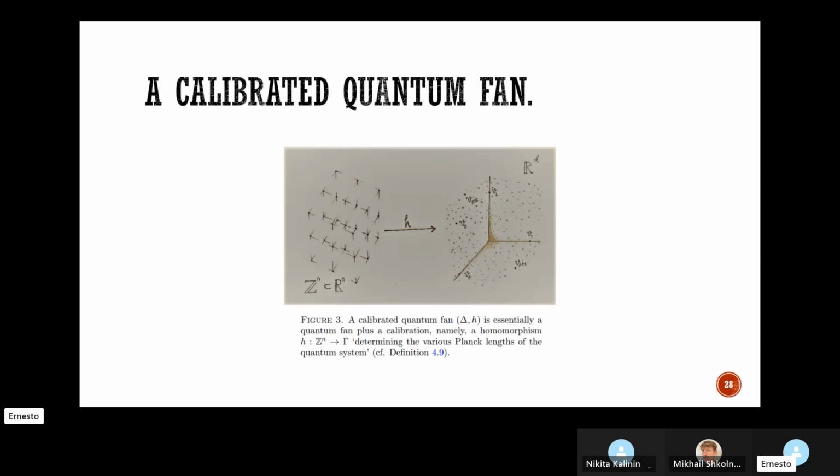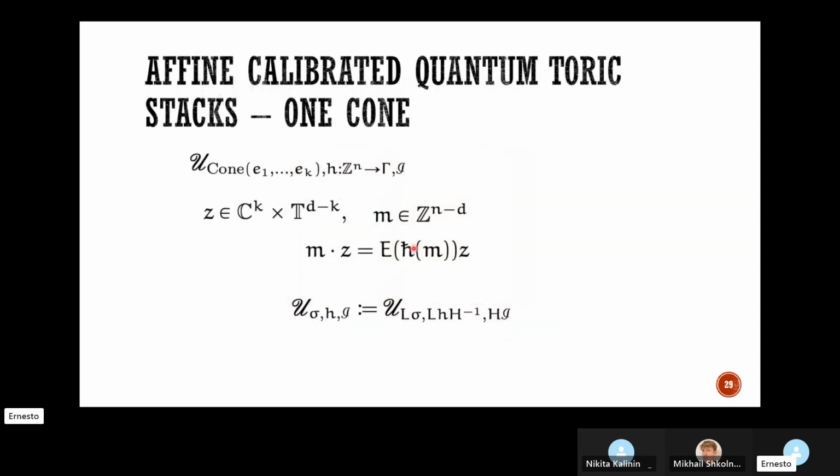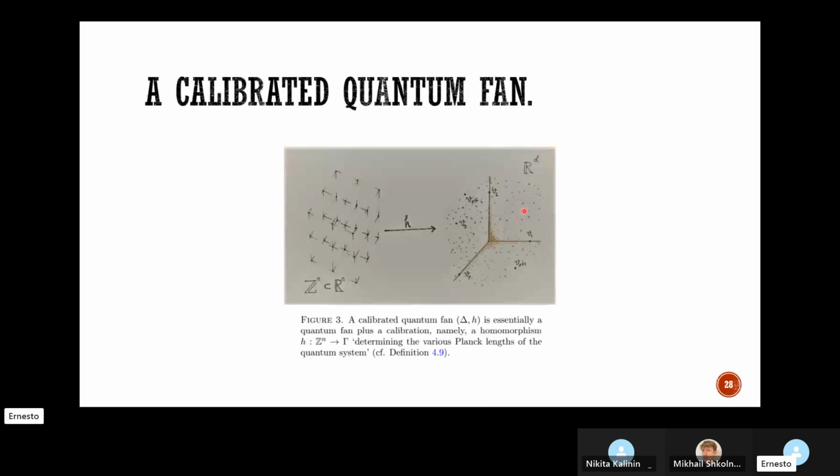And now we have here the affine calibrated quantum toric stacks. So I get one cone here.